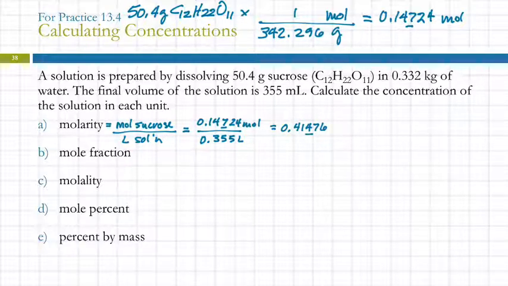I'm going to write down 2 extras because I might want to use those in another calculation. Moles per liter, 0.415, capital M. Remember that the capital M means moles per liter. It does not mean moles. It doesn't mean meters. It's not mega. It's moles per liter.